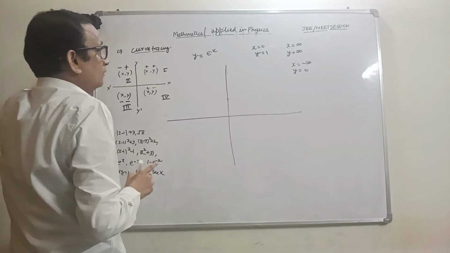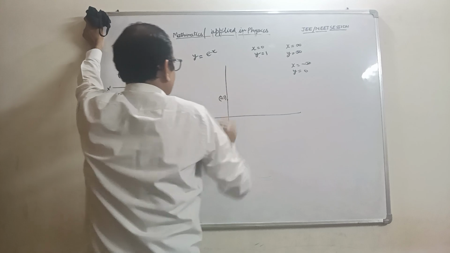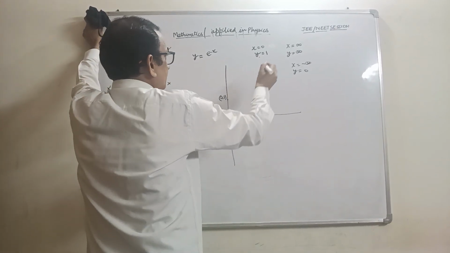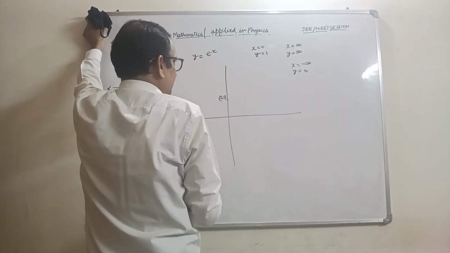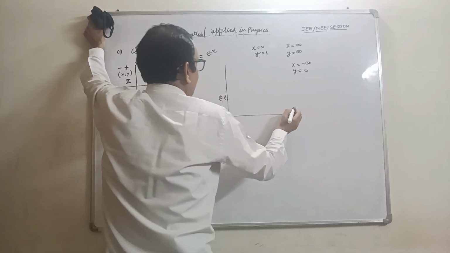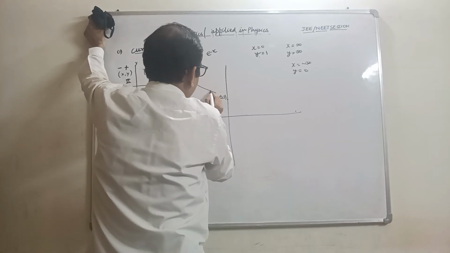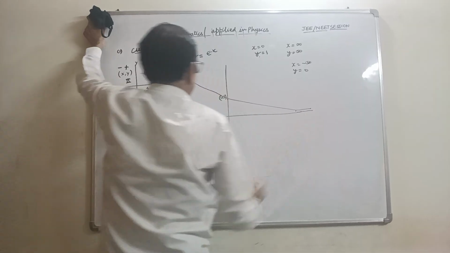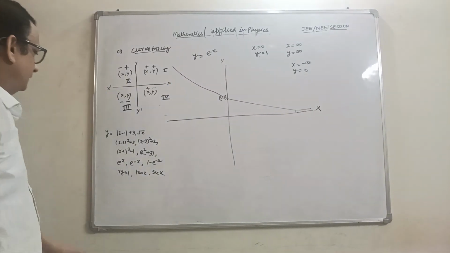E raised to power 0 becomes 1, so this coordinate is (0, 1), and e raised to power minus infinity, for positive infinity, becomes 0, and for negative infinity, it exponentially increases. This graph becomes like this. This is the y axis, this is the x axis.